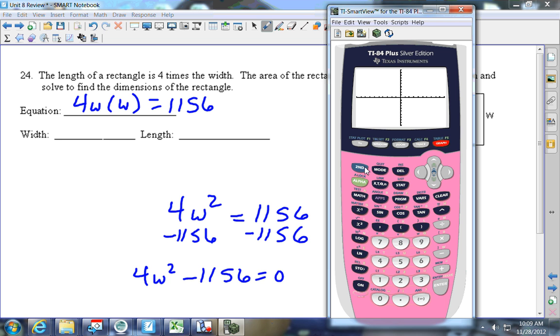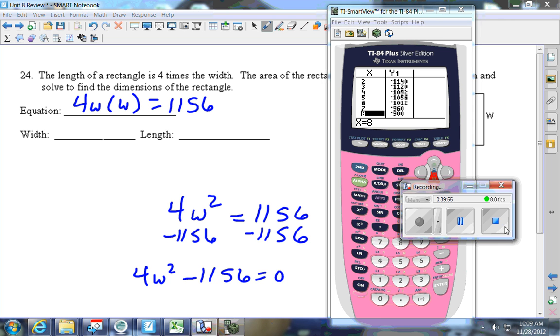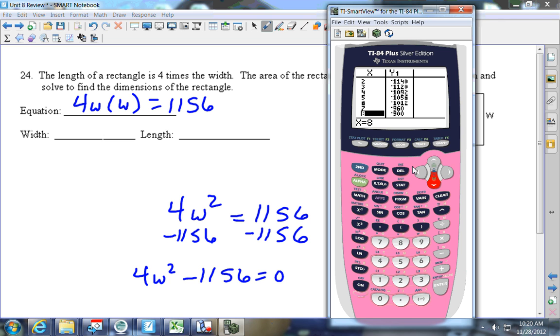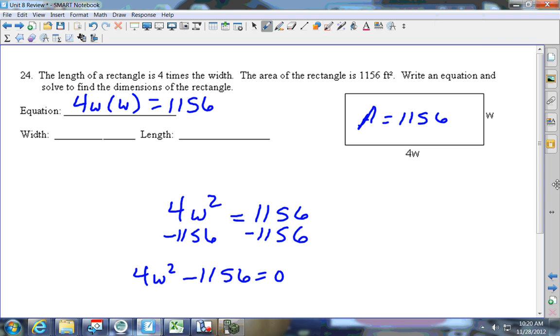Now I don't see anything on here. I just need to look in my table, and I know that it's going to be bigger than 10. So I'm going to keep going up to find where y is 0, because I want the positive number. It's 17, 0. So that means that my width is 17.